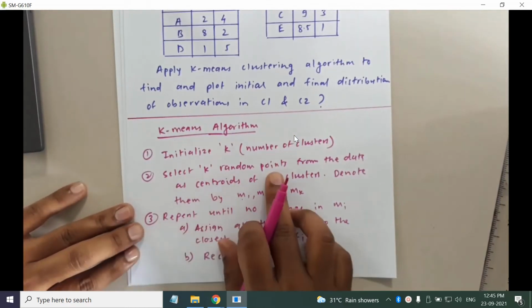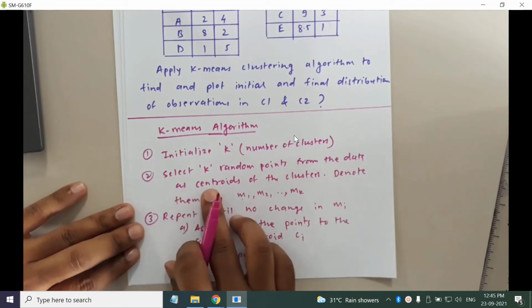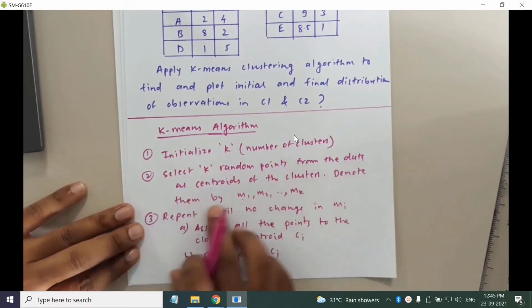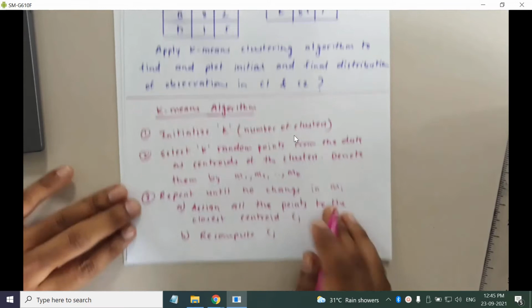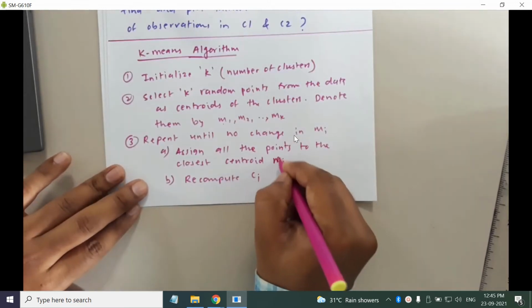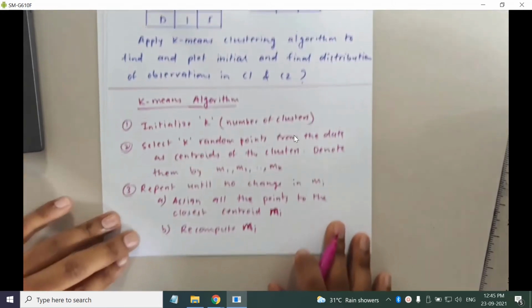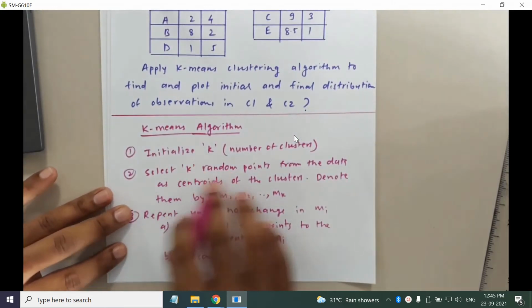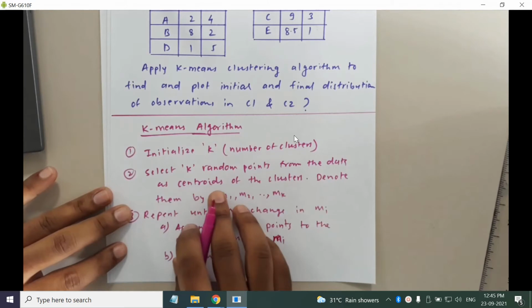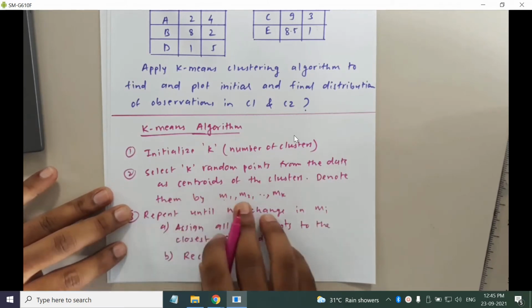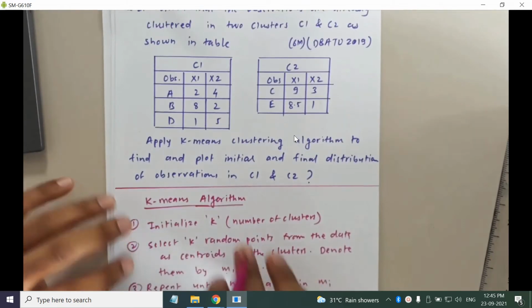Select k random points from the data as centroids of the clusters and denote them by m1, m2 and mk. Sorry, here it should be m. Select k random points from the data as centroids, and denote them by m1, m2, mk. This is also given here.